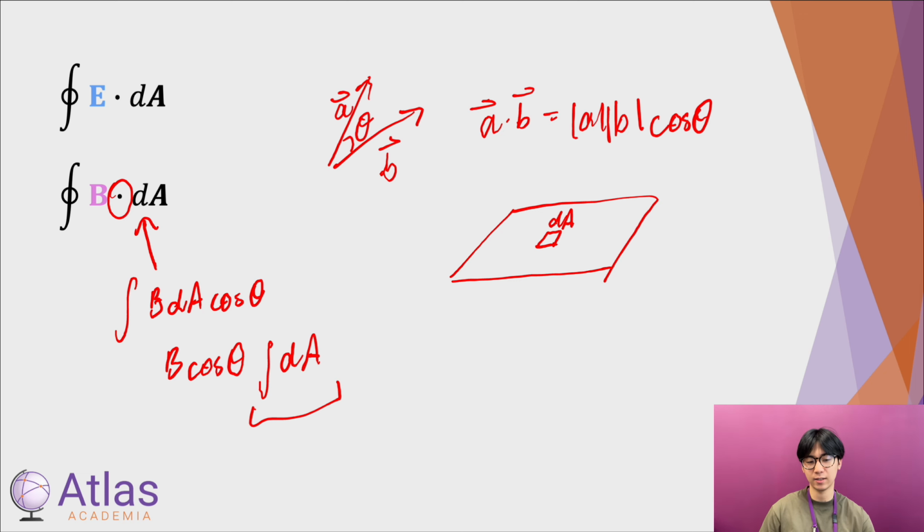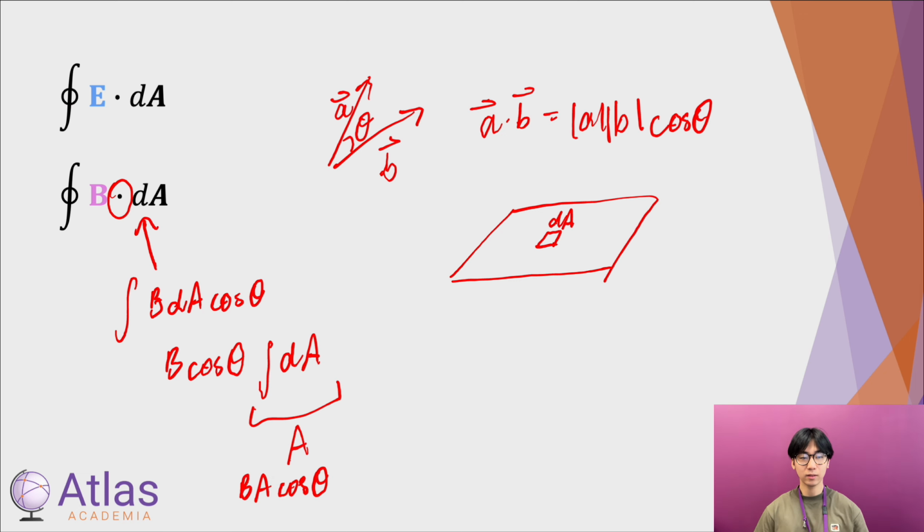And that integral sign is telling us to take the sum of all of those infinitesimally small chunks over the entire area. And so I guess this equates to A, and we get BA cos theta.